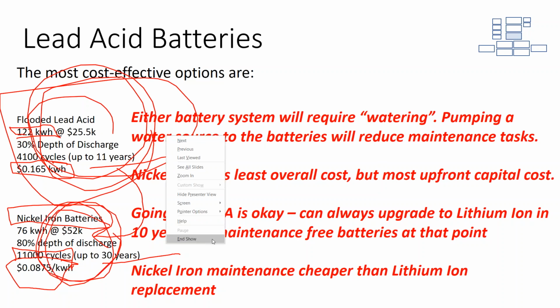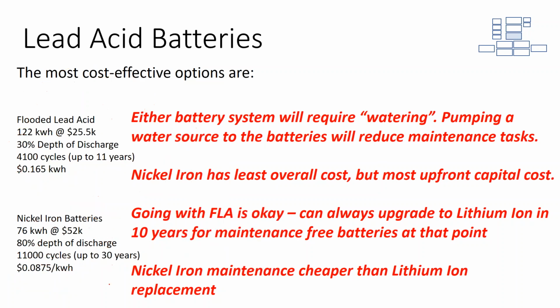The thing about going with a 30-year battery, there's a few downsides. One is you have to buy all 30 years worth of storage up front. And so it might be that it does have a lower levelized cost, but the capital cost up front is just too great.